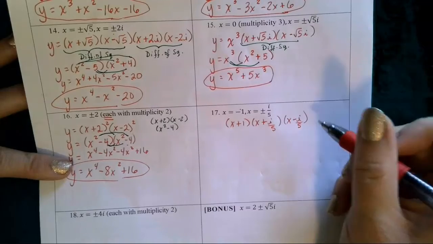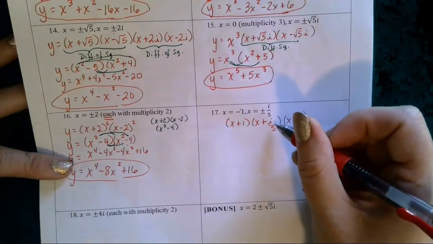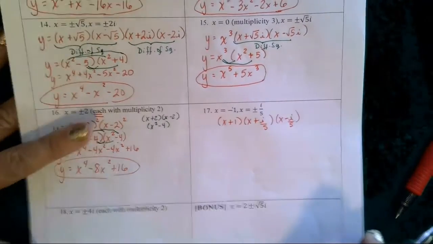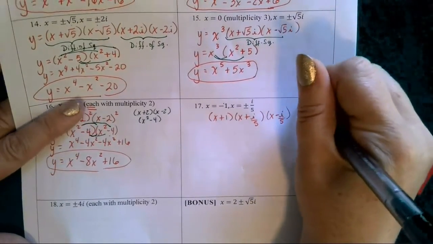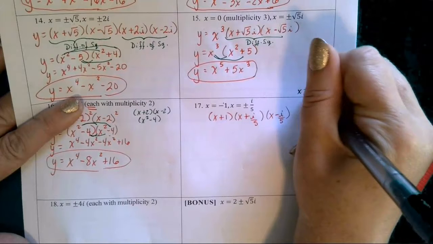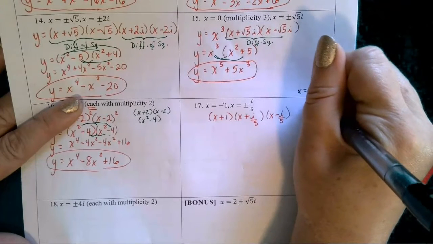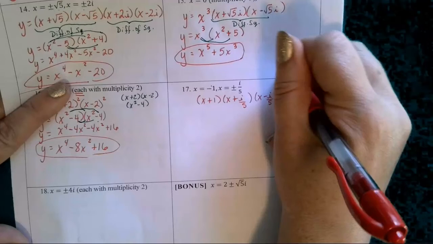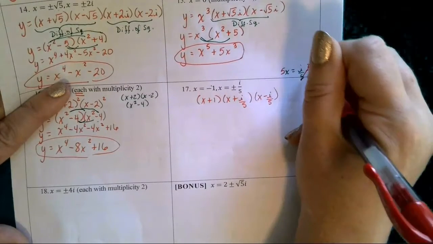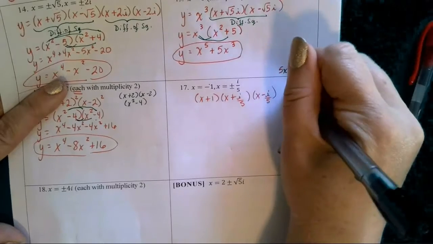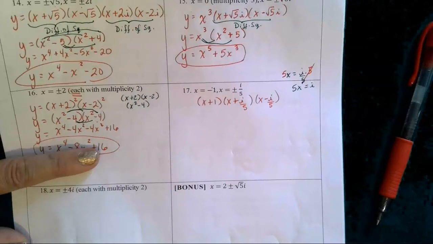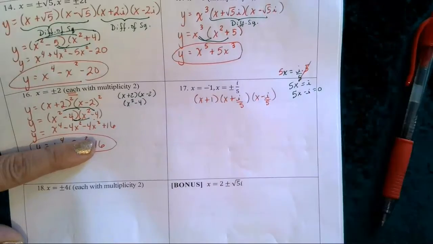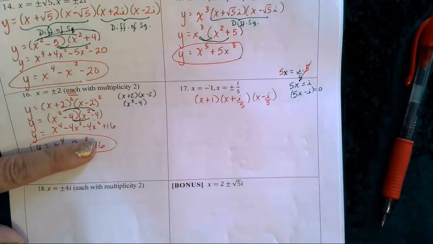Okay, now generally we don't write them in a fraction like that. So instead, if you think about it this way, it'll be a little easier not to have to do that fraction. If you think about this zero of x equals i over 5, if I multiplied both sides by 5, I could get rid of that fraction, and then I would have 5x equals i, and then to set that equal to 0, that would be 5x minus i equals 0, and 5x minus i then would be my factor.